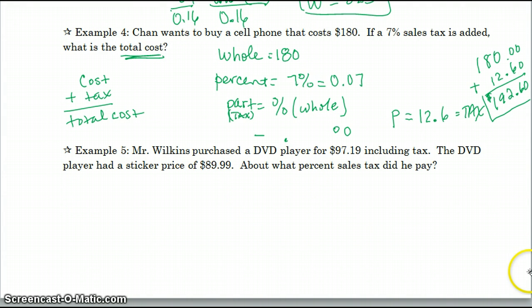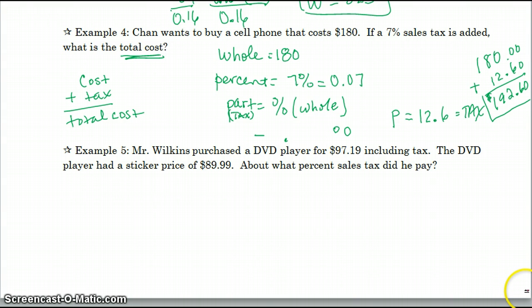All right, example 5 says that Mr. Wilkins purchased a DVD player for $97.19, including tax. The DVD player had a sticker price of $89.99. About what percent sales tax did he pay? I've said over and over again that I myself often have to read word problems more than once, so let's let this soak in.